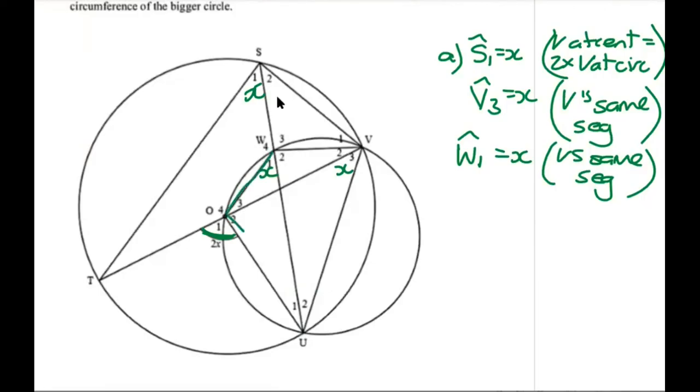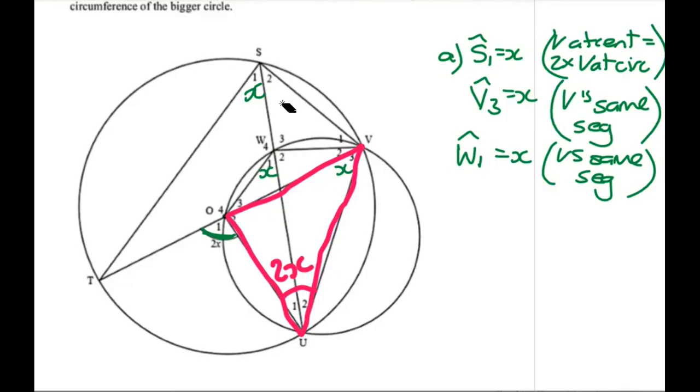Ma'am, this triangle, VOU. Let me just highlight the triangle so we can all see what you're thinking. VOU, because I didn't get that one. I've got another one. Okay, exterior angle. So you're right that that's going to be 2x.